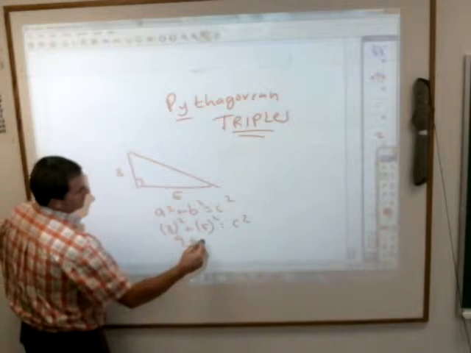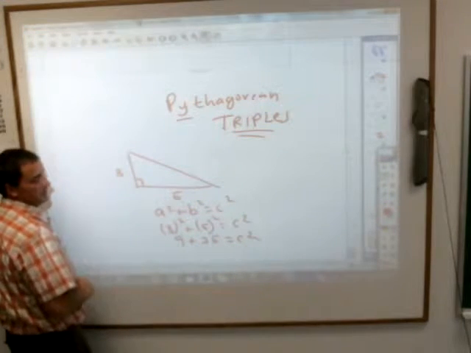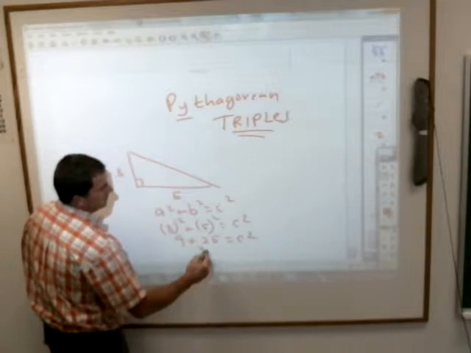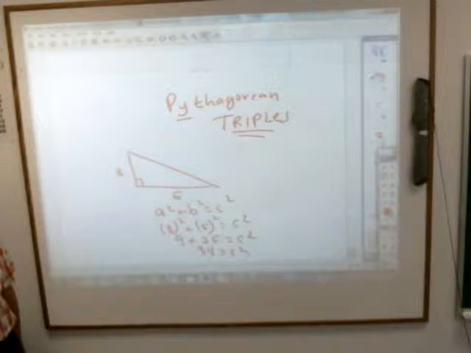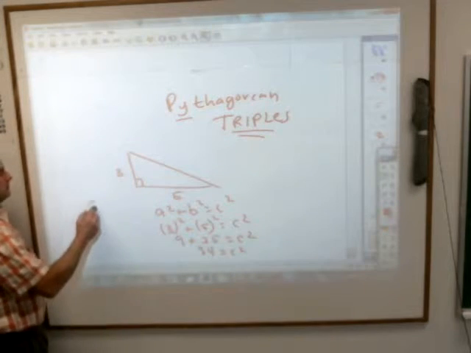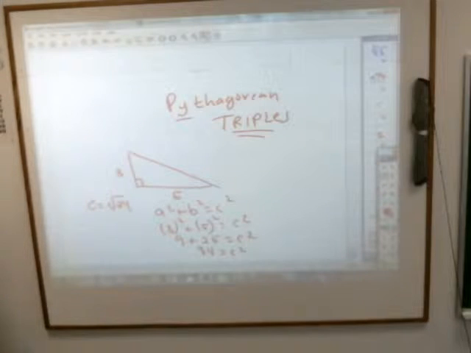So I get 9 plus 25 equals c squared. 9 plus 25 is 34. And if 34 equals c squared, c equals the square root of 34. The square root of 34 does not work out to a nice number. It's somewhere just shy of 6. Okay? It doesn't work out nicely.